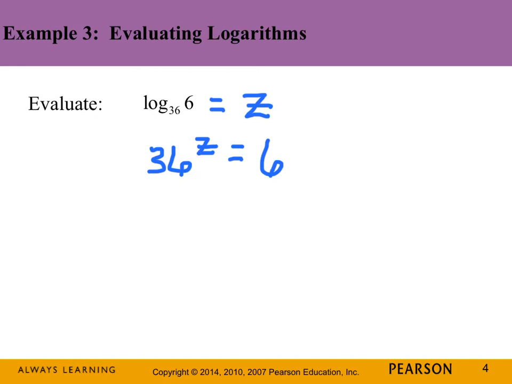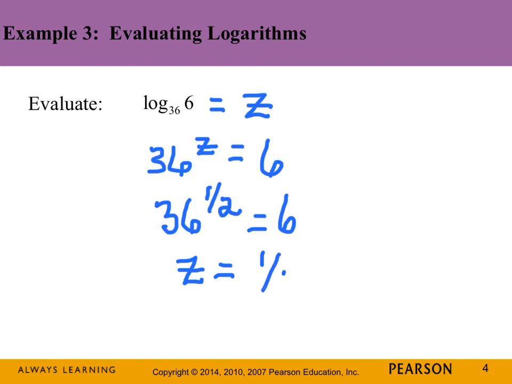The square root, what does that look like as an exponent? Wouldn't it be 1/2? 36 to the 1/2 power is 6. And if you don't believe me, you may check that on your calculator. And so we realize that when we evaluate this expression, it equals 1/2.